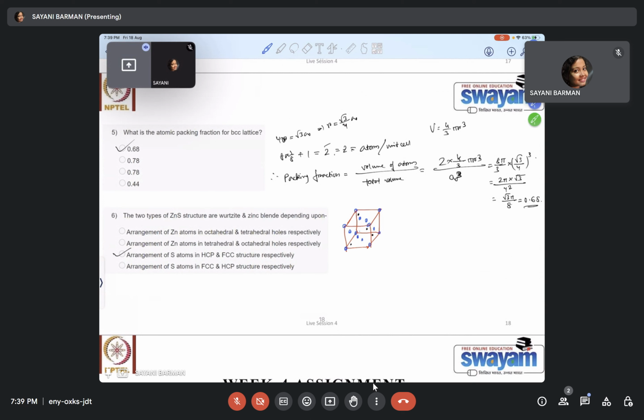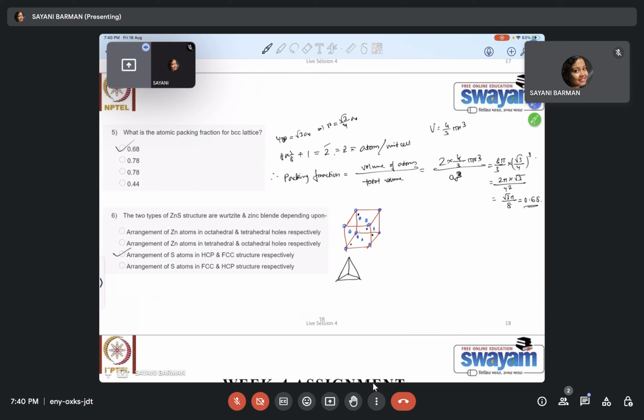If I go into the details, this is the tetrahedral hole, and this is a cation.